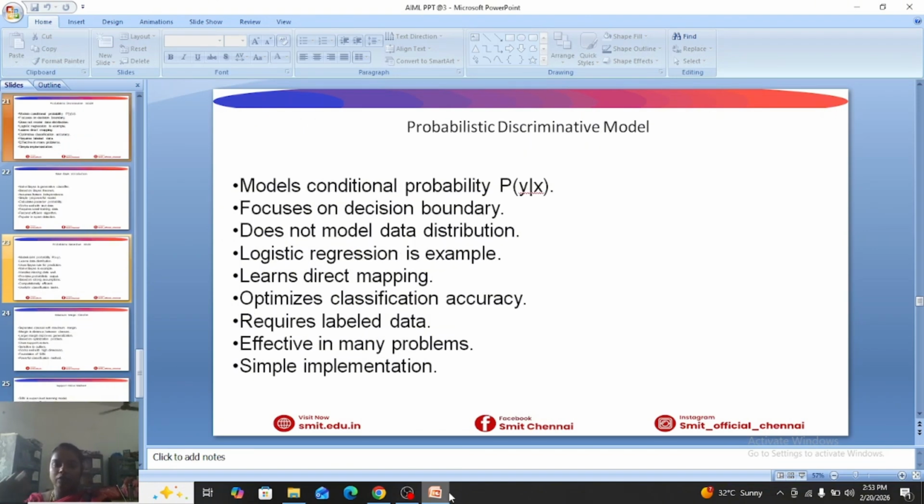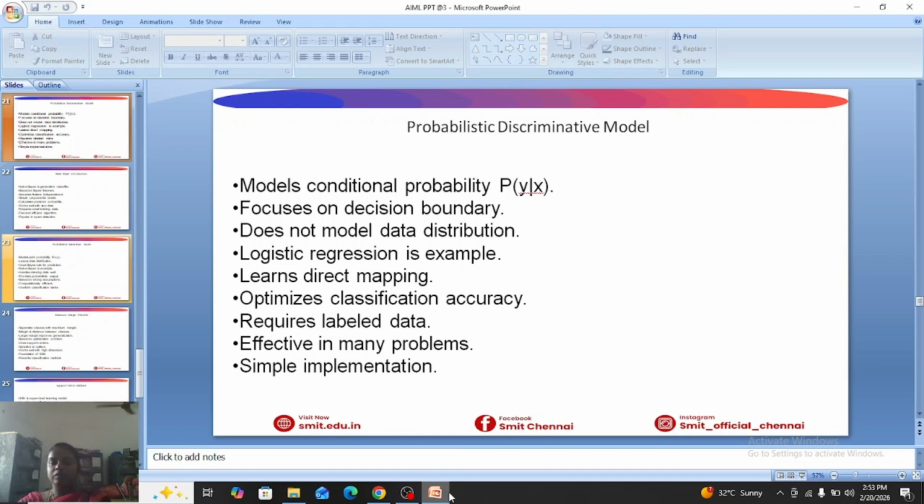Moving on to the probabilistic discriminative model. It directly models the conditional probability P of y given x. It predicts the probability of a class label y given the input feature x. Instead of modeling how data is generated, it focuses only on separating classes.